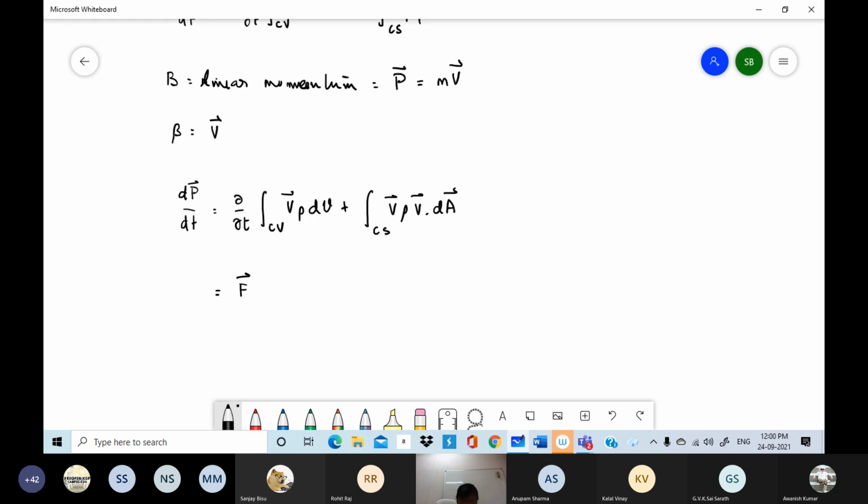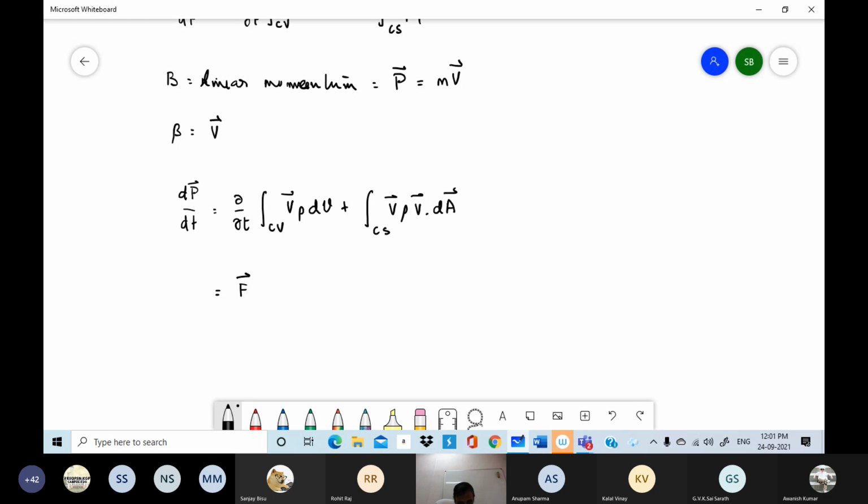To get the rate of change of linear momentum of the system, and then I have to write down the force acting on an element. So what are the various components which can contribute to the force? If I have a fluid in a certain region which is flowing, I could have some forces which are acting throughout the volume of the fluid.